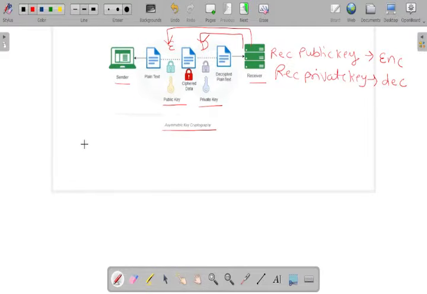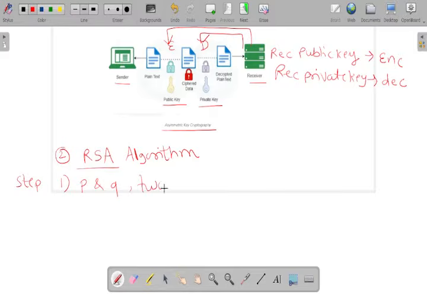Now the second step is you have to find out the encryption as well as decryption process, but before that you have to write down the RSA algorithm. So the RSA algorithm starts from step 1, that is P and Q, these are two large prime numbers.